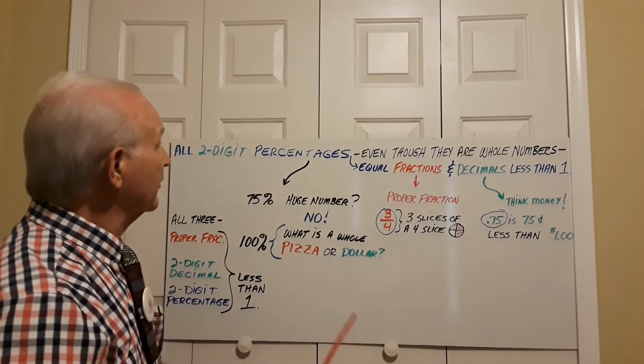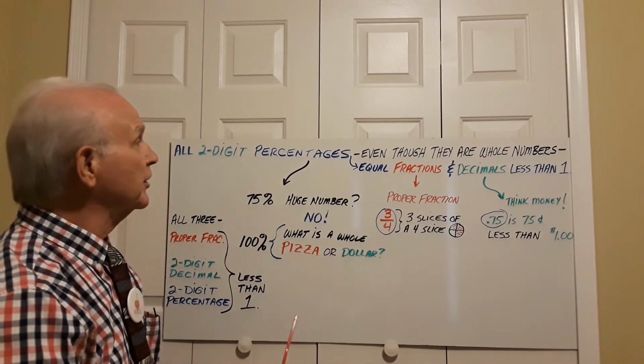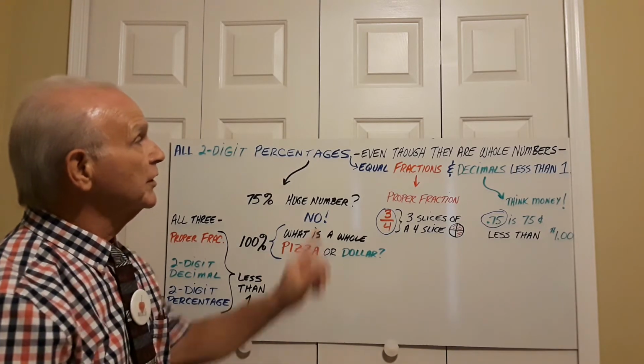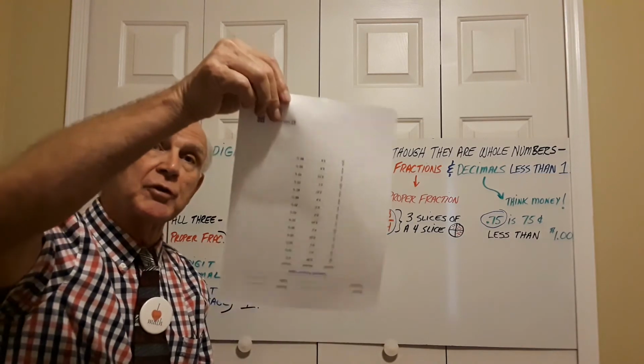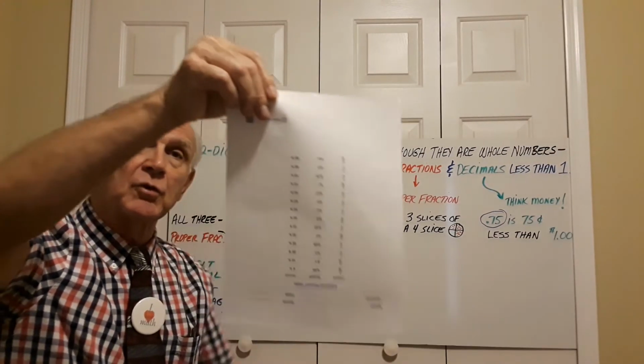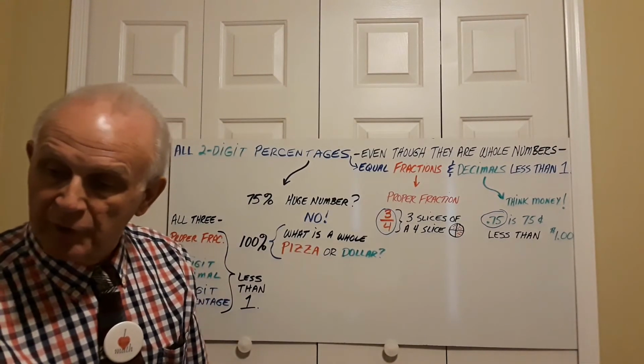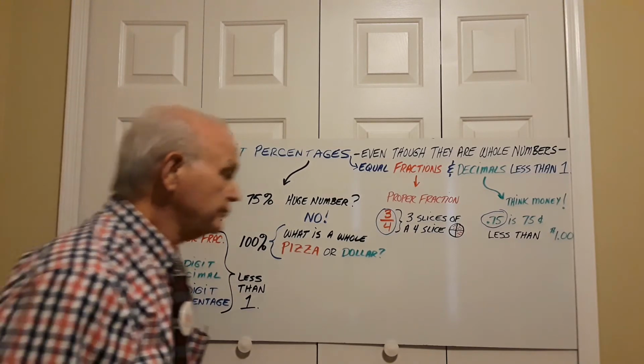Okay? So now that is an important link between percentages, fractions, and decimals, which were the 3 items that I put on this page. But you see, these are equal going across. They're the same monetary value.